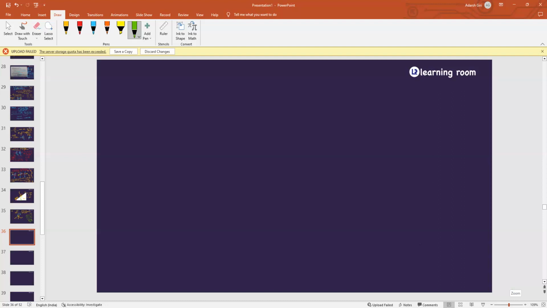Fifth chapter or linear inequalities? Is the fifth one the linear inequality or the sixth one? My NCERT has linear inequality as chapter six.